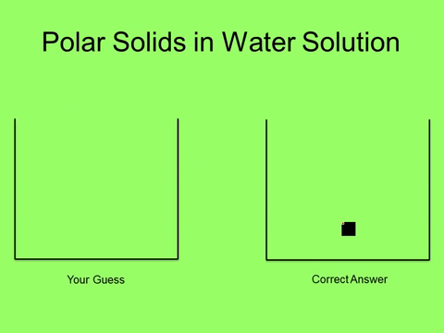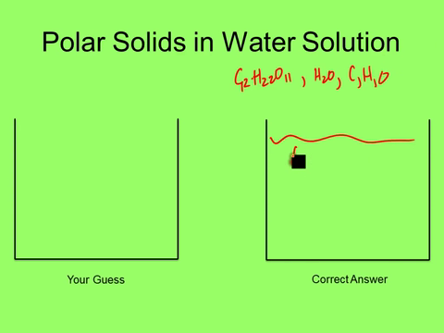Correct answer is as follows. You have C12H22O11, H2O, and C, H, and O. The way this ends up looking is the following. H2O is once again spread throughout.